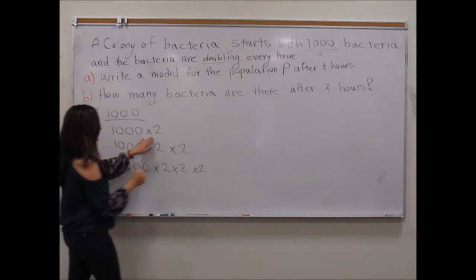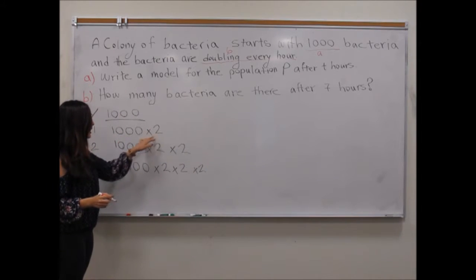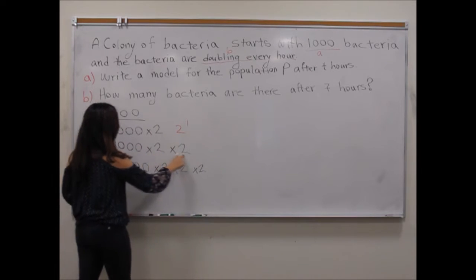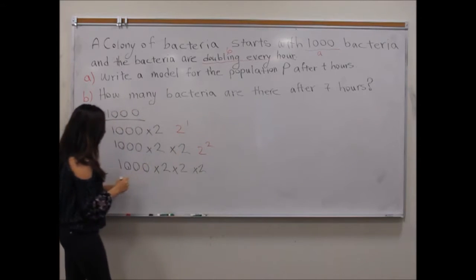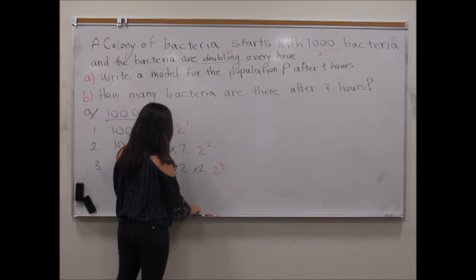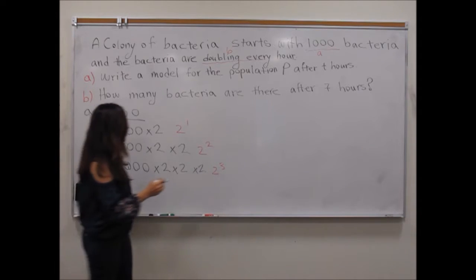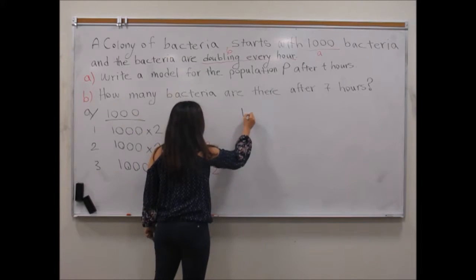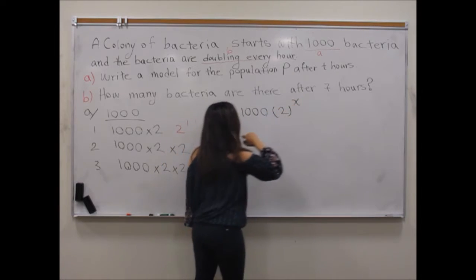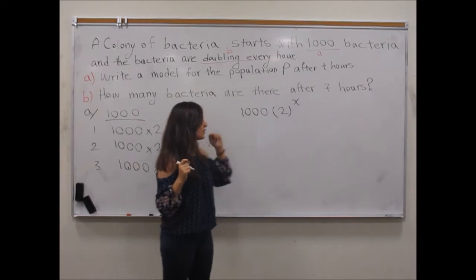So as you can see, this is like 1,000 times 2 to the first power. This is 1,000 times 2 to the second power. And this is 1,000 times 2 to the third power. If we follow this pattern, we get 1,000 times 2 to a power of x, and this x represents the hour, the time.